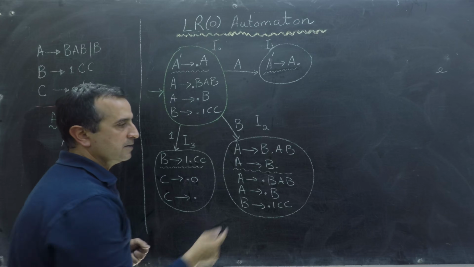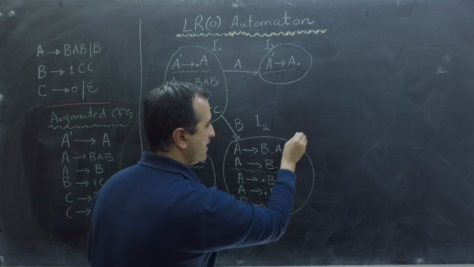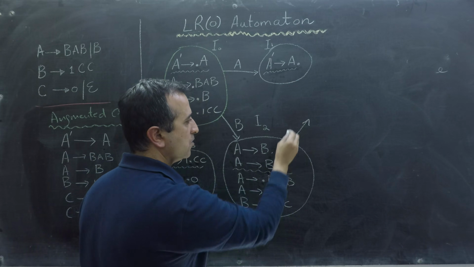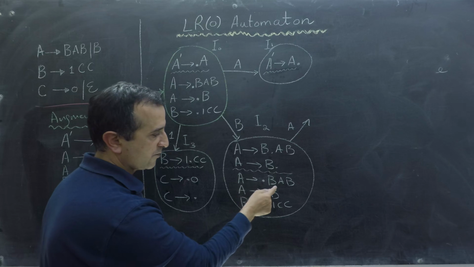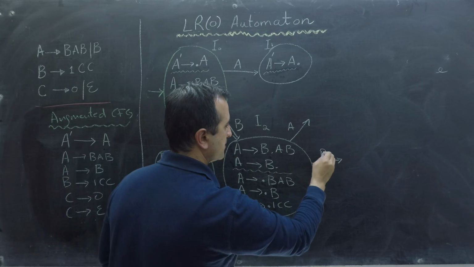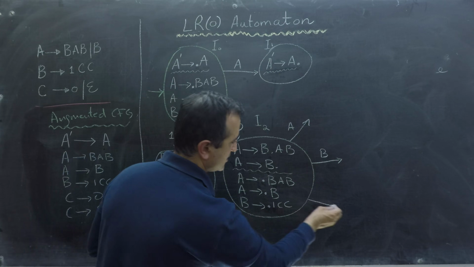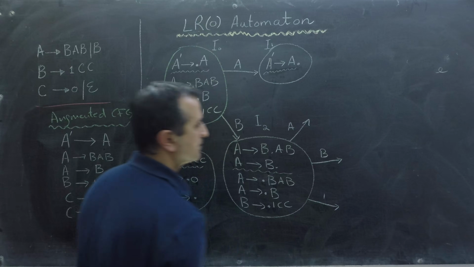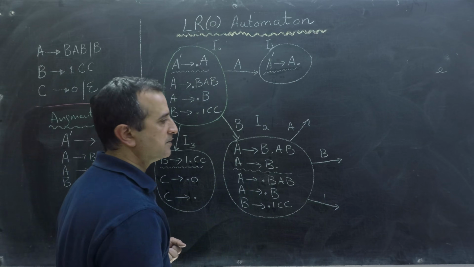So my dot is before A, so I will have transition on symbol A. Because my dot is before B, I will have transition on symbol B. And because my dot is before 1, I will have transition on symbol 1. Now we create a new state for each of those transitions.